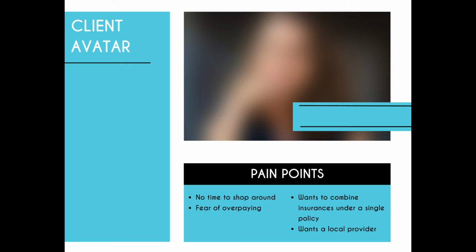They don't have time to shop around to get the best service and rates. They also want a company that can combine all of their other policies under one to save money. They may also want to deal with someone locally and not wait on hold for big companies when they have a question or a problem.